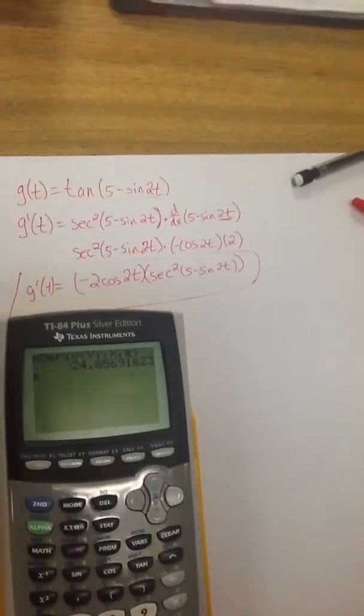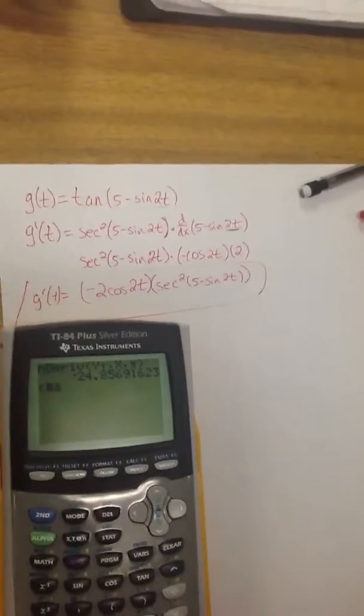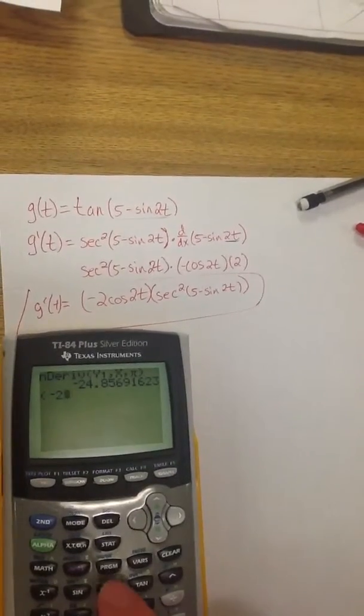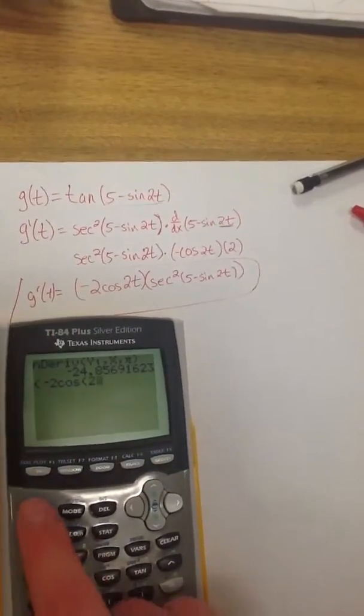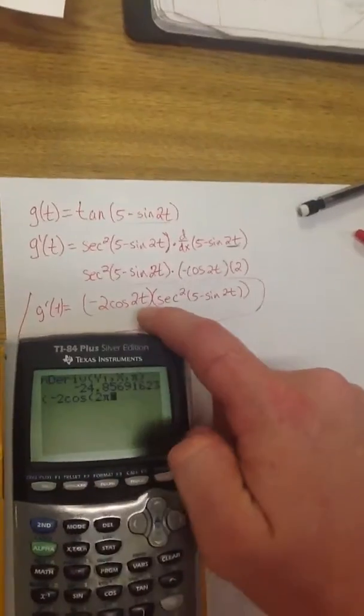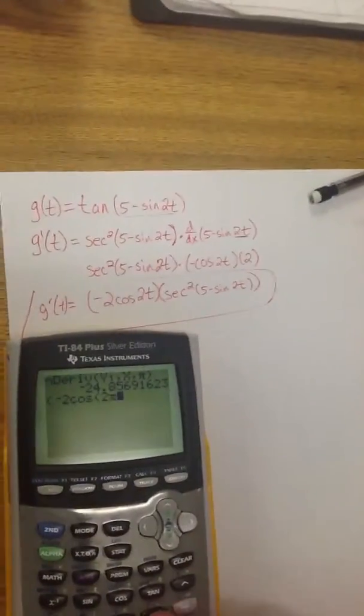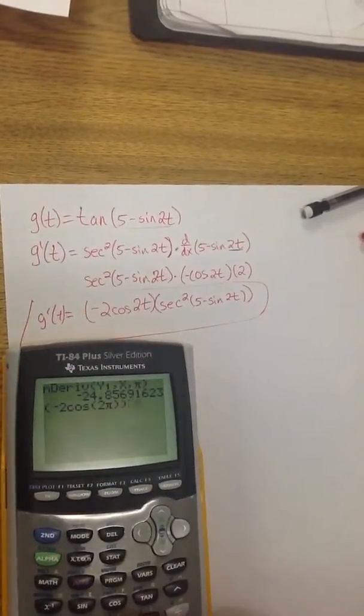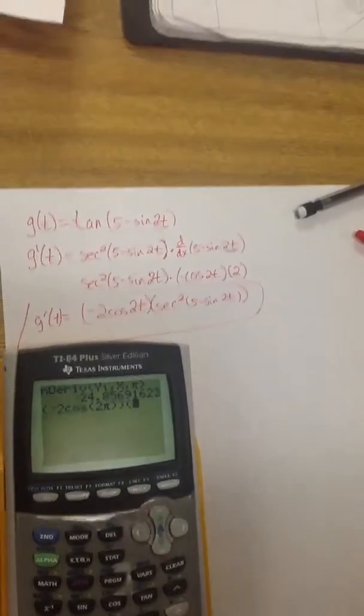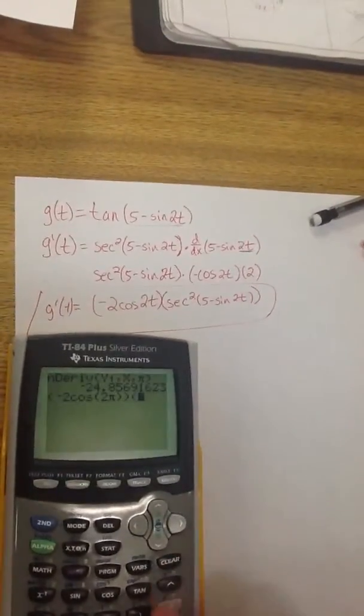So I can just check it now. I'll go parentheses, negative 2 cosine of 2 pi. I'm just plugging in pi for t. Times the secant squared. Ah, no, that's going to be ugly.